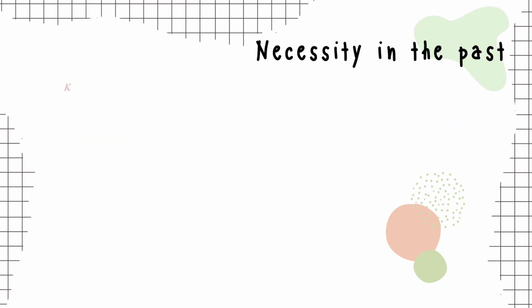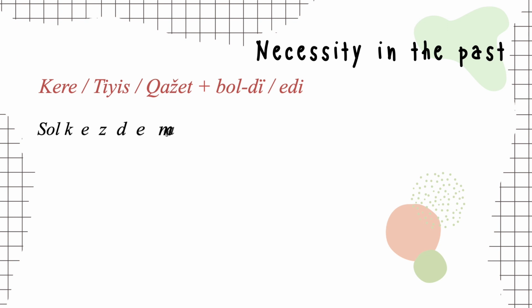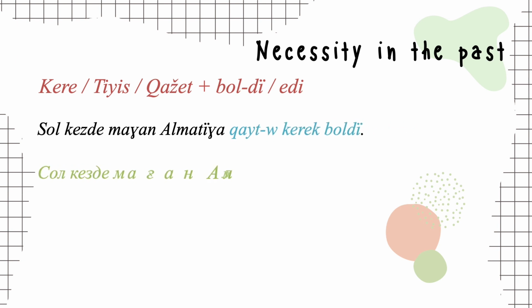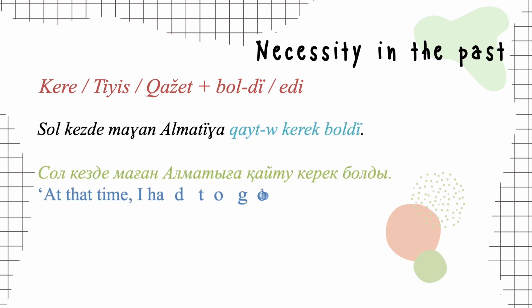When referring to necessity in the past, the verbs or auxiliary verbs болды or еді must be added after the modal words керек, тиіс or қажет. For instance, сол кезде маған Алматыға қайту керек болды. At that time, I had to go back to Almaty.